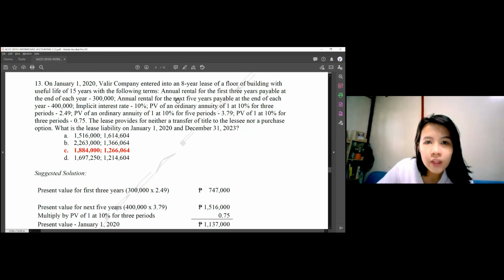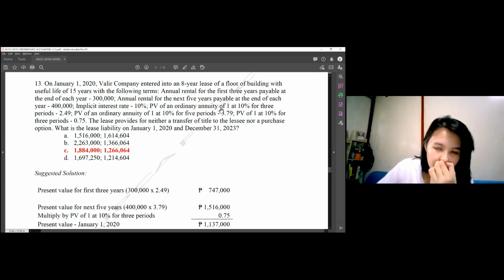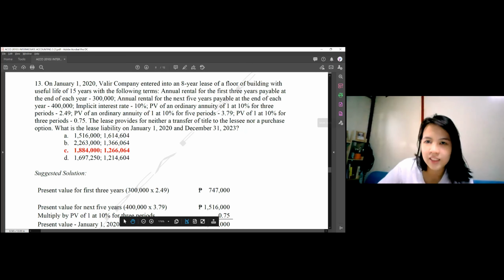Now, for the next 5 years naman, ang sabi is 400,000 yung payment. So, multiply lang natin by the PVF of ordinary annuity for 5 periods. So, safe to say that's 3.79. Kasi given na naman. So, safe na safe talaga siya.